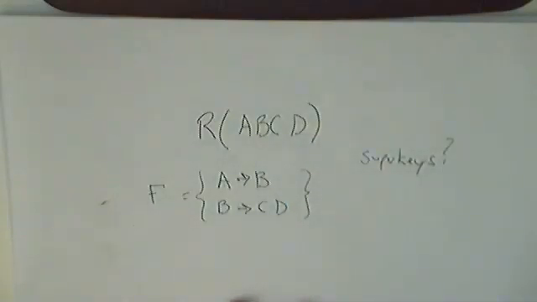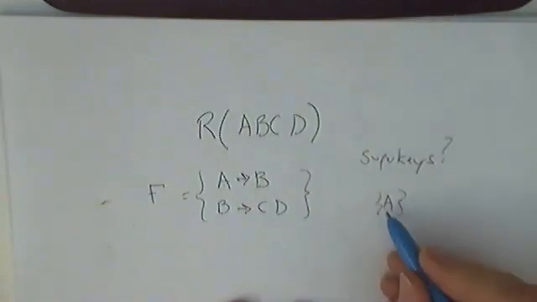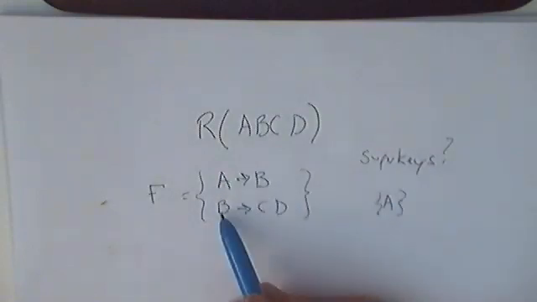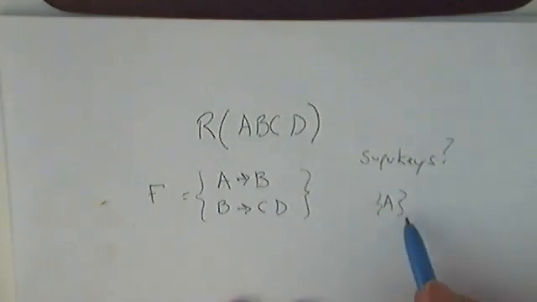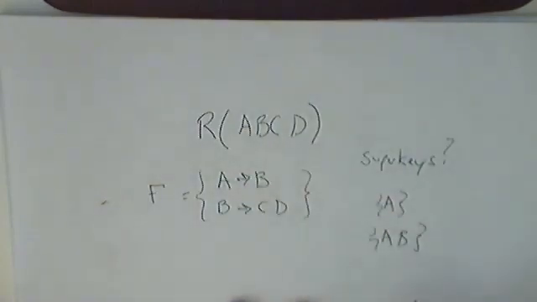Can anybody mention any other superkeys? I just put it in the chat. Like for instance, maybe A. Yeah, A is a superkey, because with A you can determine all the attributes of R. A determines B, and then B determines C and B determines D. Based on the definition, A, B is also a superkey, because with A and B you can determine everything as well.